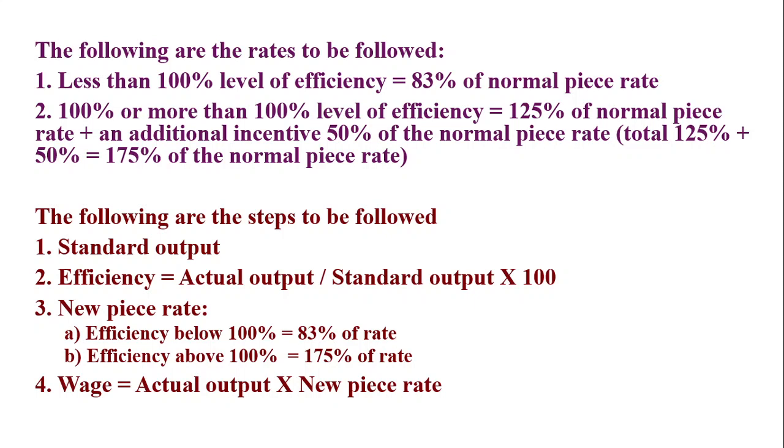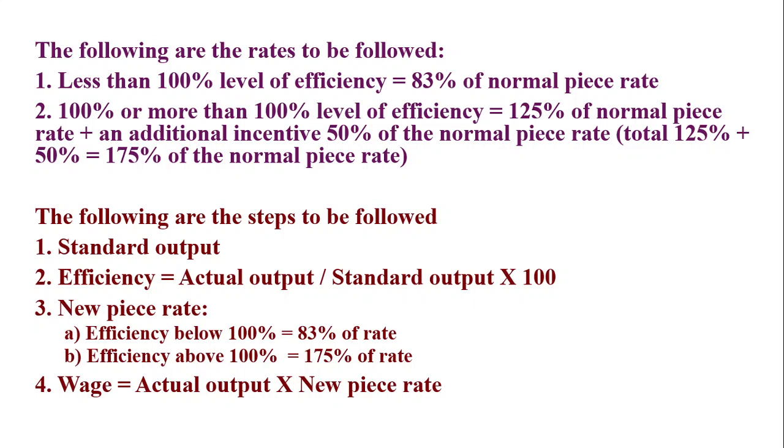So if the level of efficiency is 100 or more than 100, the total is 125% plus 50%, which is 175% of the normal piece rate.